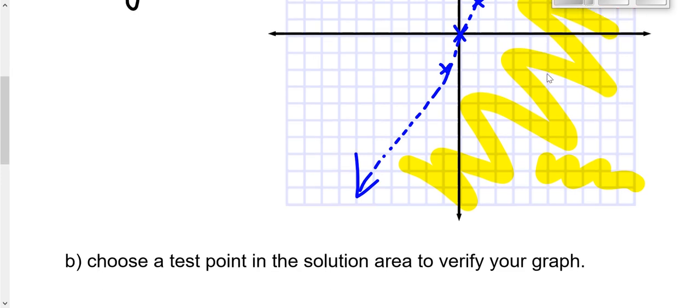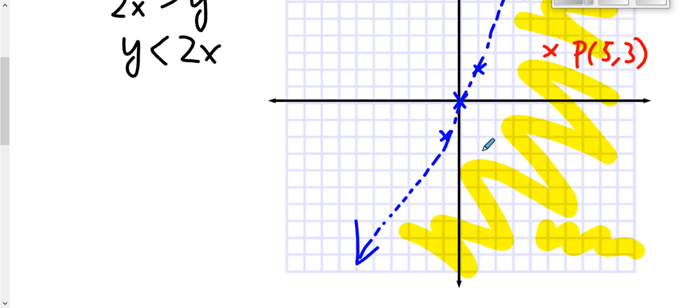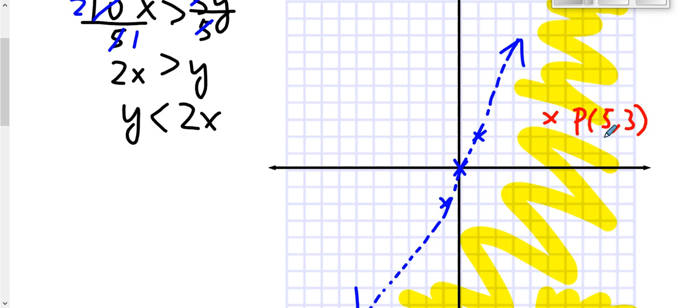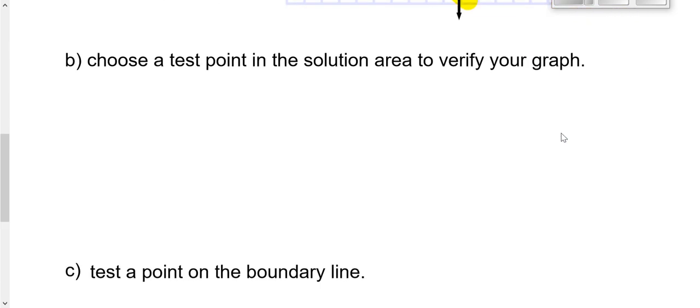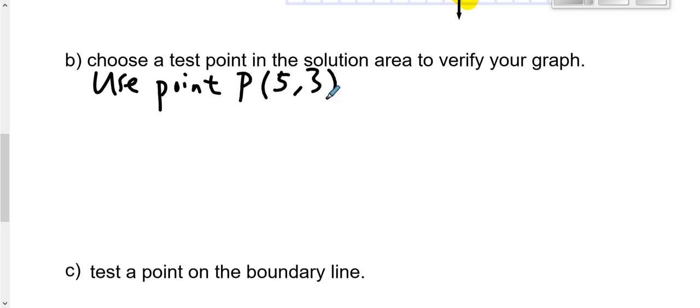And again, we want to verify this. Verify the math means you plug in the numbers. So let's use the point P, 5 and 3. So again, we can plug that in to our equation.